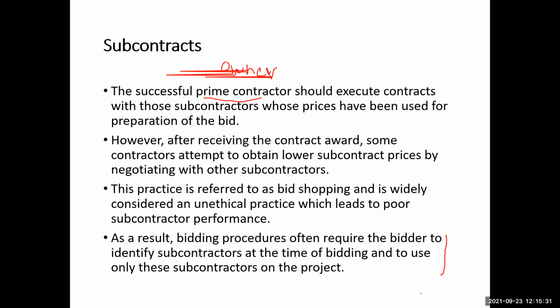On the other hand, if the contractor goes to cheaper subcontractors to save costs, the contractor will save some money. In that way, the contractor can increase his profit. However, by increasing his profits, he may be going for a lower quality subcontractor.